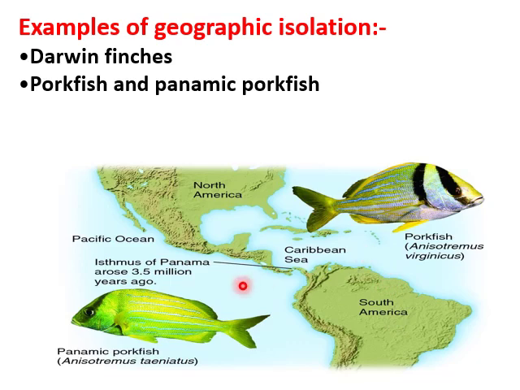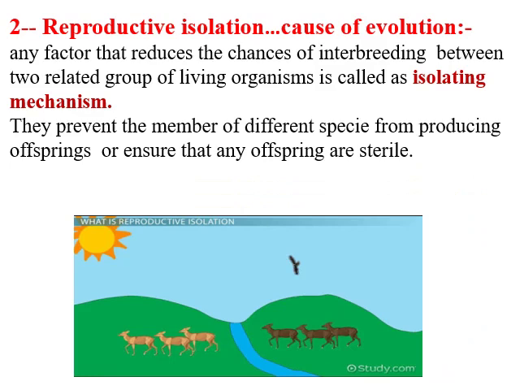Both species were separated by this geographical barrier, so they have different gene pools, and you can see their morphology is totally different from each other due to their isolation.